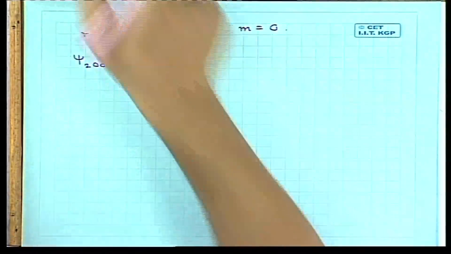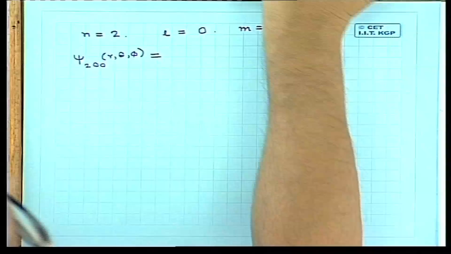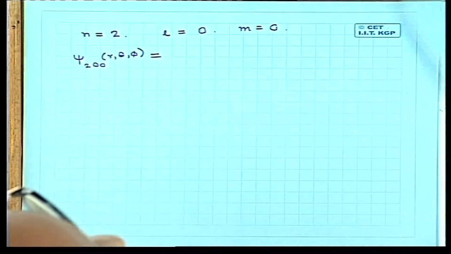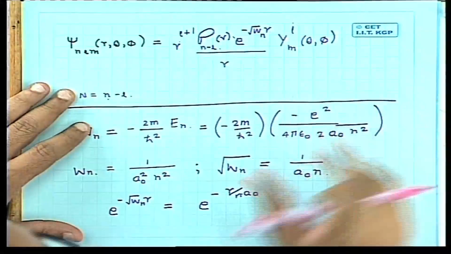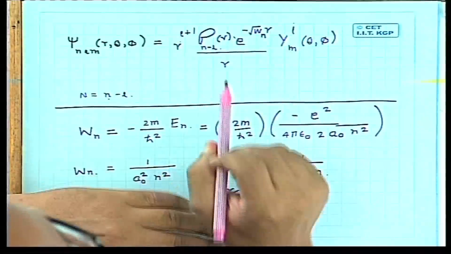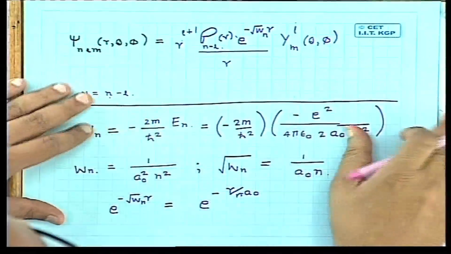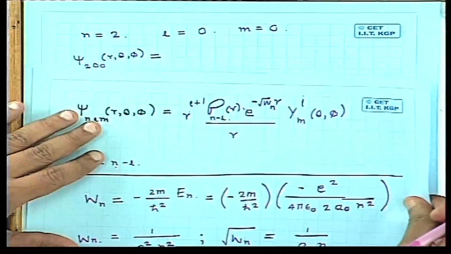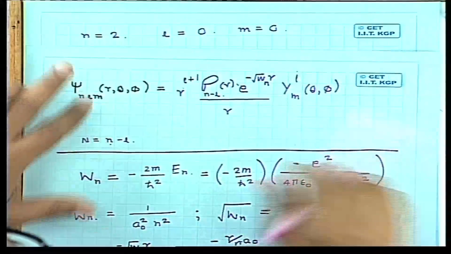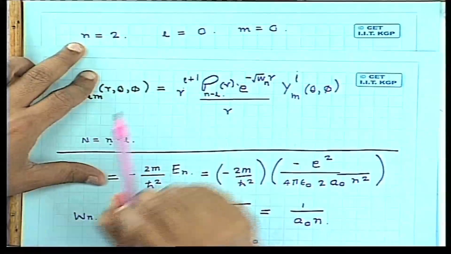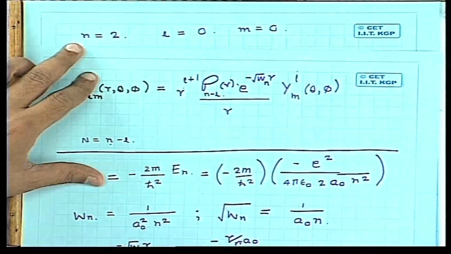so again let us put back our original expression. Yes, here. So L is equal to 0. We are considering a case where n is 2, L is 0, m is 0.